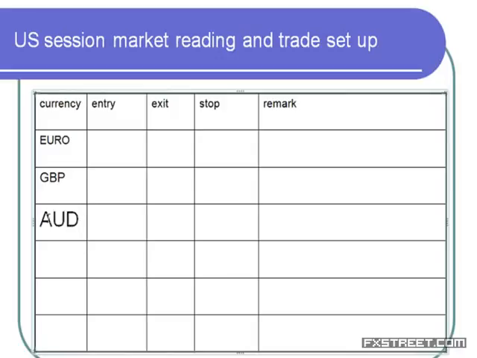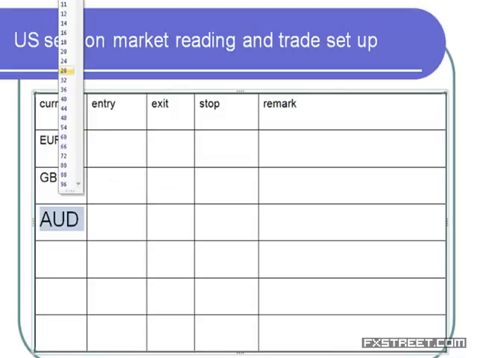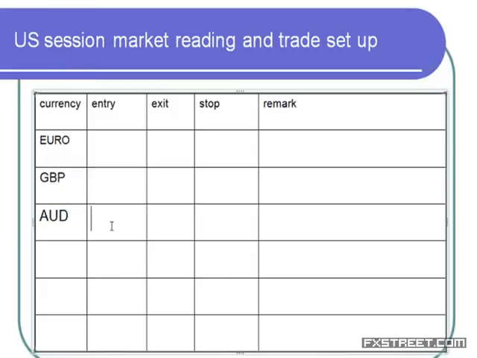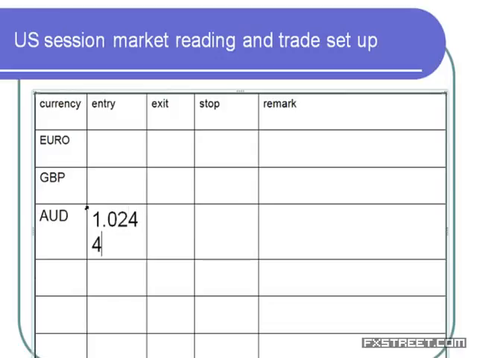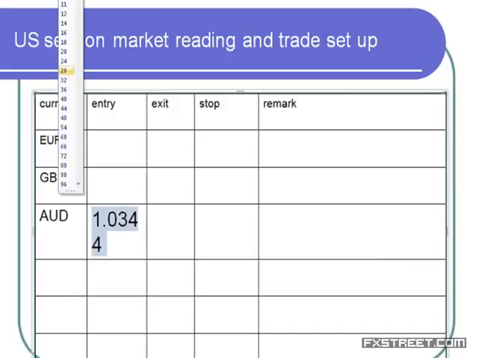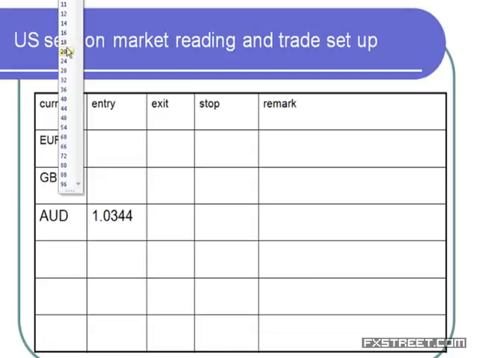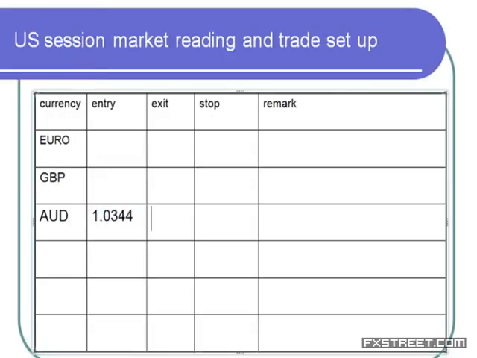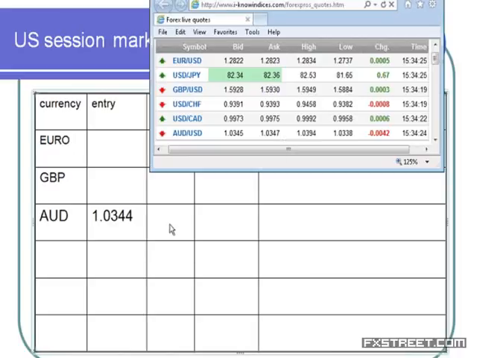So in the case of AUD, at 1.0344, we are trying to take a buy.